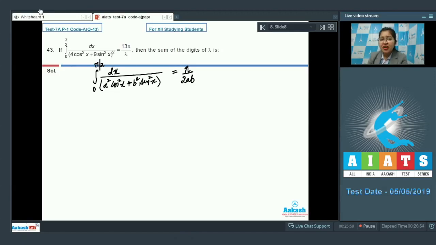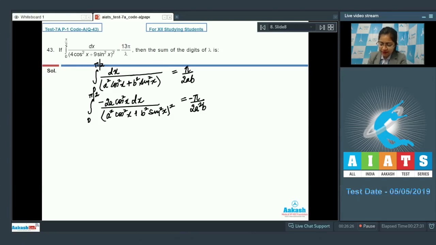Now if I differentiate it with respect to a, what will we get? We will get the integral from 0 to pi by 2 of 2a cos square x into dx divided by (a square cos square x plus b square sin square x) whole square, multiplied with minus 1. Similarly, on the right hand side, we get minus pi upon 2a square b.